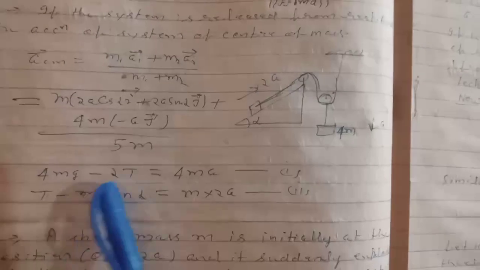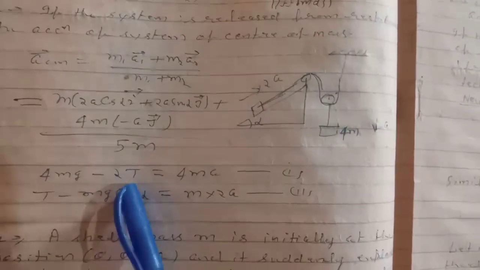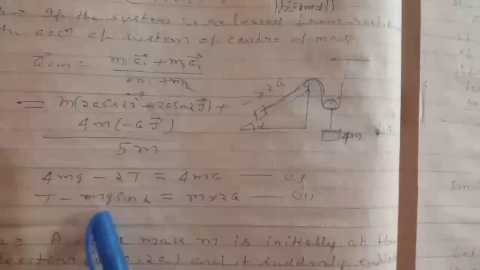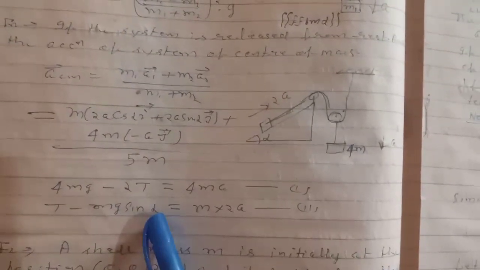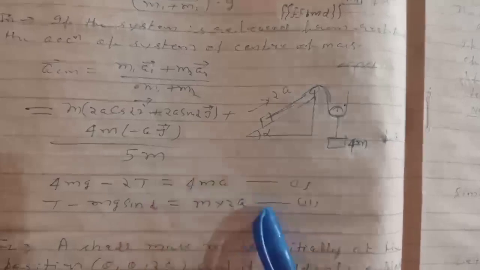Now again, 4mg minus 2T equals 4m into a, and T minus mg sin alpha equals m into 2a. Solving this problem we can get the desired result.